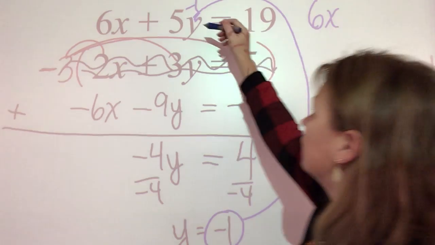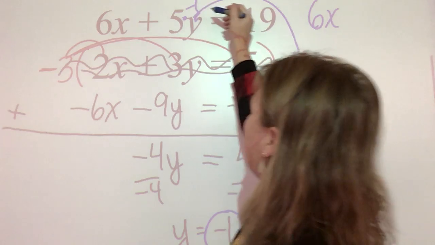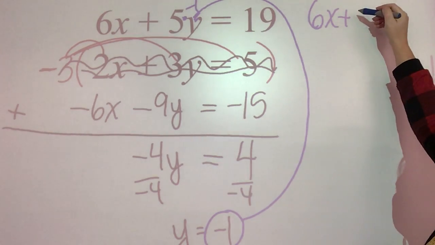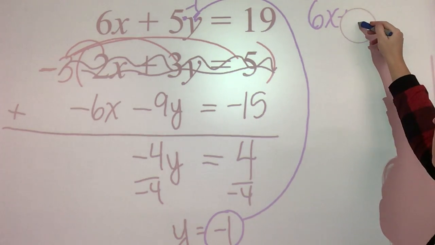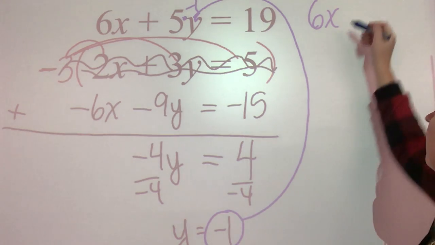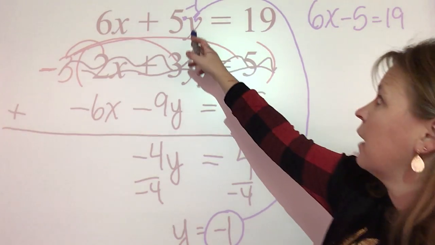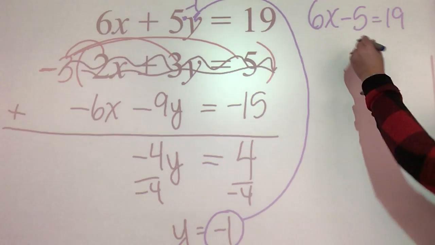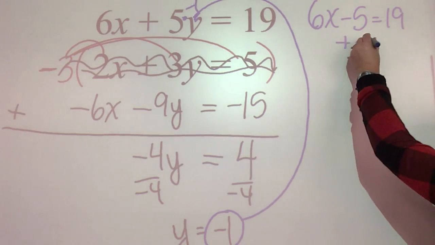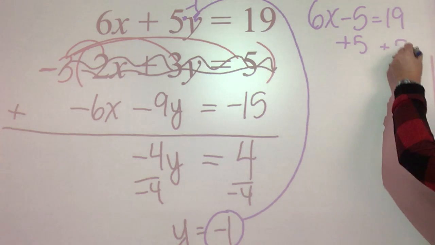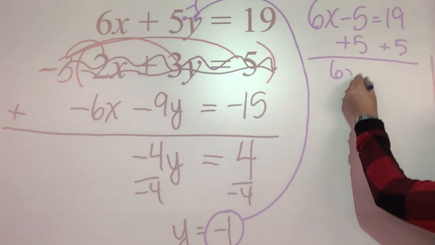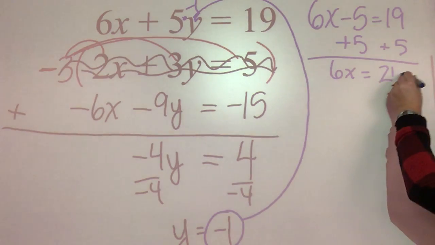6x plus 5 times negative 1. I almost did it wrong. Which is negative 5 equals 19. 6x minus 5 equals 19. Add 5 to both sides. 6x equals 24.